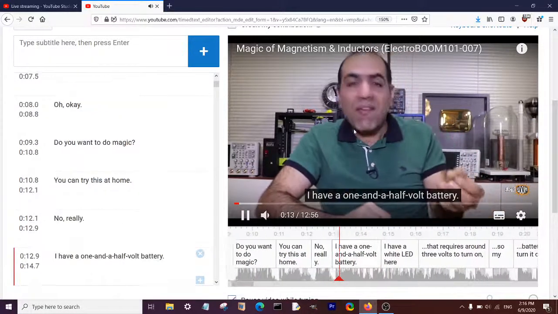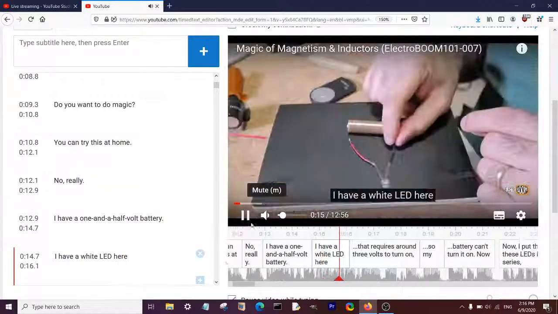No, really. I have a 1.5 volt battery. I have a white LED here.